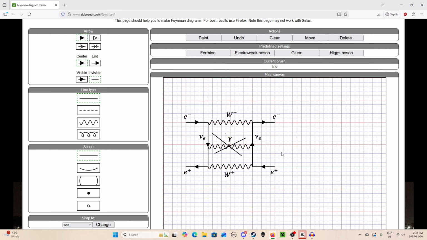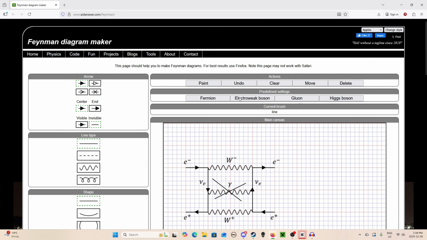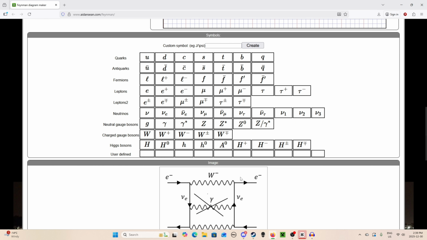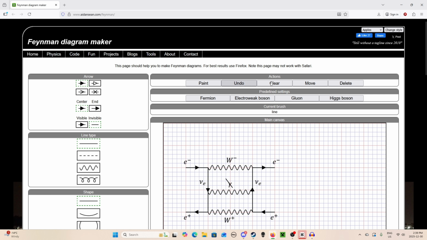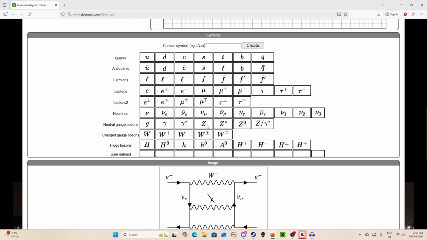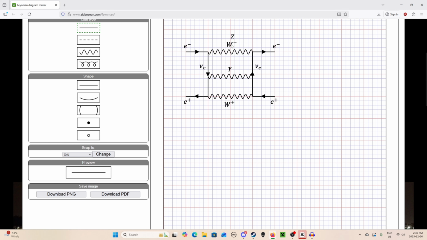They do not have a charge, and so they don't interact with the electromagnetic force. I'm pretty sure. If I'm wrong, that would be terrible. But actually, what would make this work would be a Z boson here.